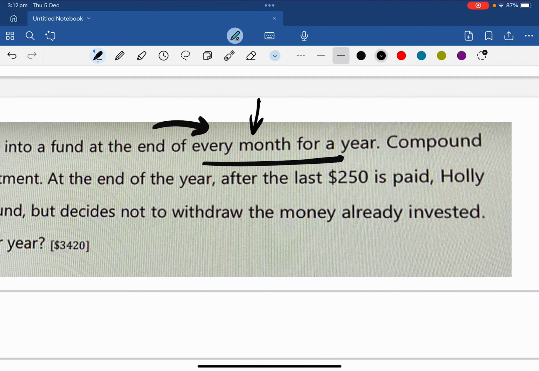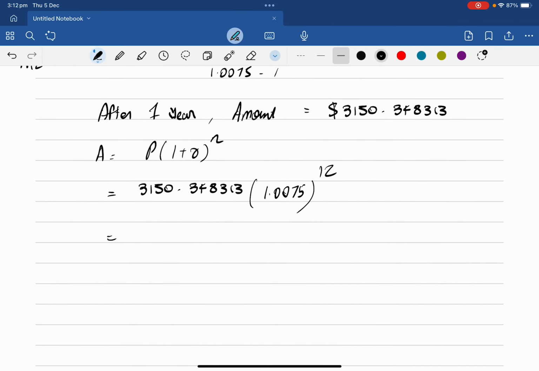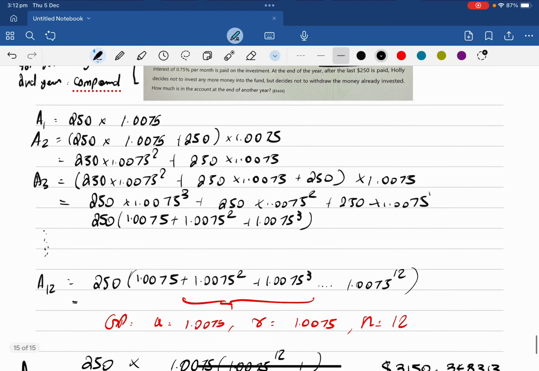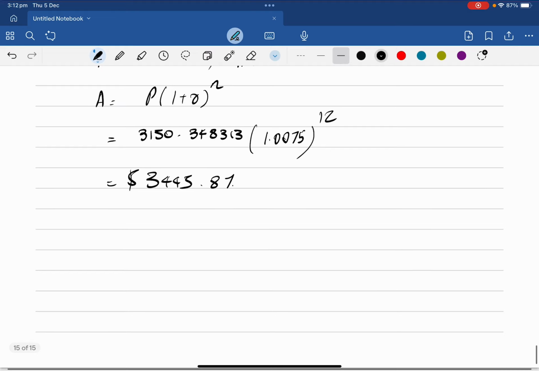So this to the power of 12 should give us 3445.87 to 2 dp. And our answer is $3420. That is the answer.